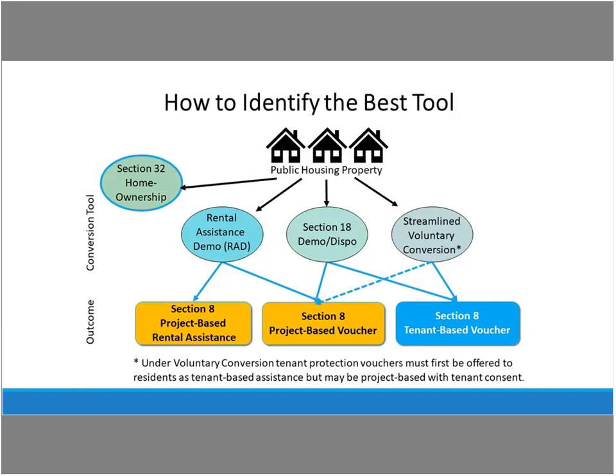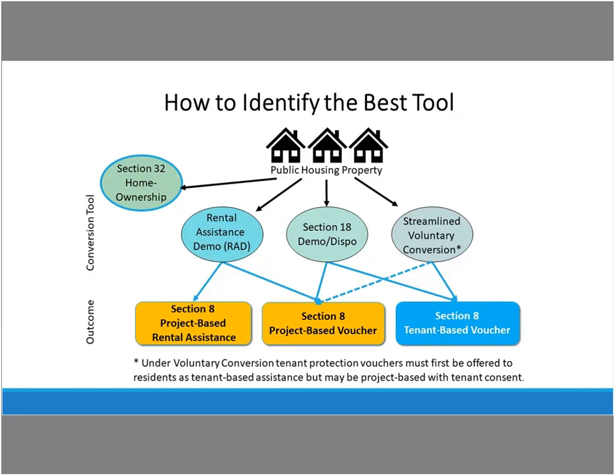Section 18 allows a Housing Authority to either project base the tenant protection vouchers, which may have been awarded or will be awarded, into the building which is being repositioned, or allow for the residents to voucher out. So take those vouchers and choose to live somewhere else.